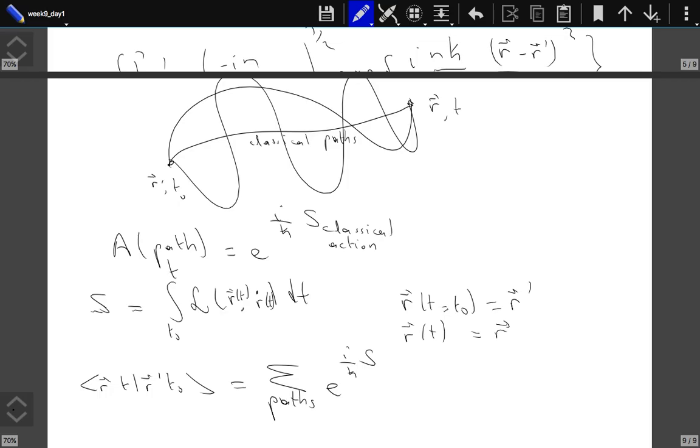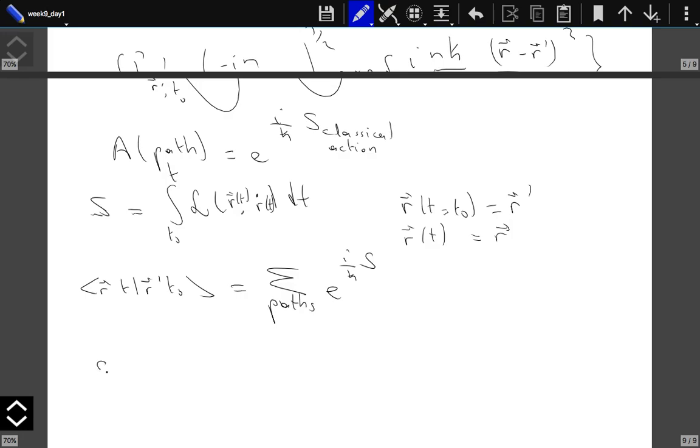This assumes that S changes as you change your path very slightly. But there is a path for which even if you change your path slightly, S doesn't change. So for such a path, the contributions do not cancel. So you get a finite contribution to this amplitude, even in the h bar goes to 0 limit. And that path is defined by delta S equal to 0.